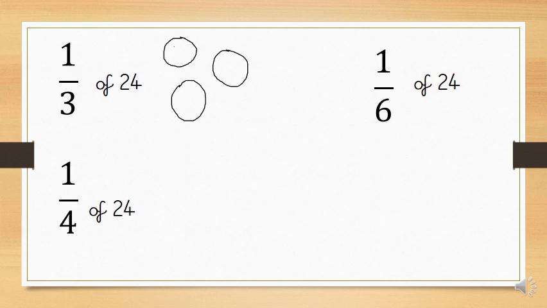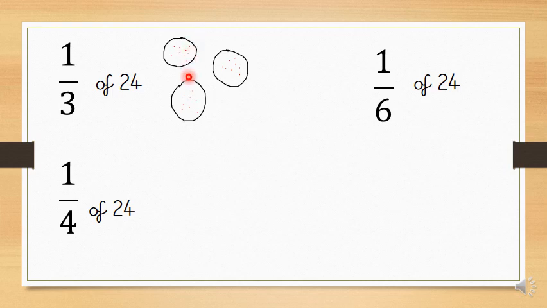1, 2, 3, 4, 5, up to 24. Now let's count how many counters we have in each circle. 1, 2, 3, 4, 5, 6, 7, 8.